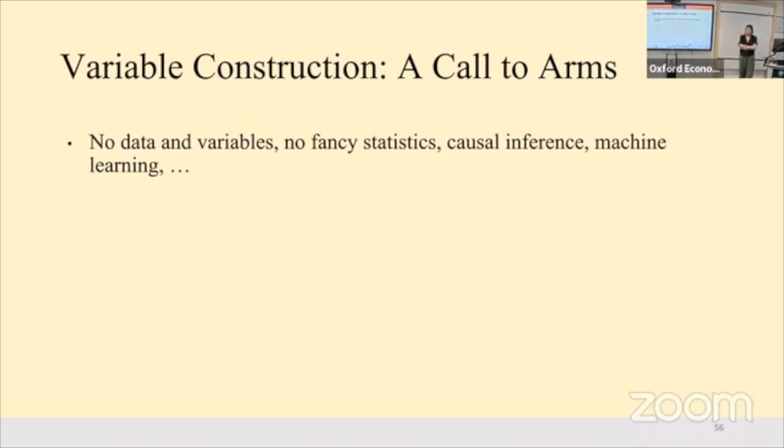I want to have that bucket of arguments separately from the bucket of arguments about what's the right way to interpret this thing that I'm estimating. And maybe this is just a matter of taste or semantics.